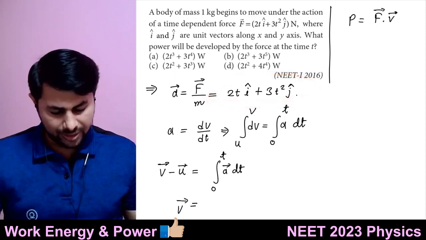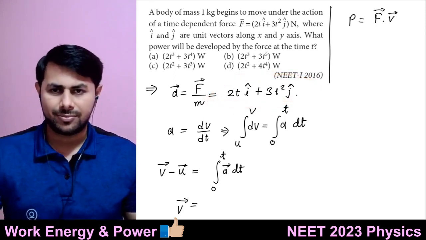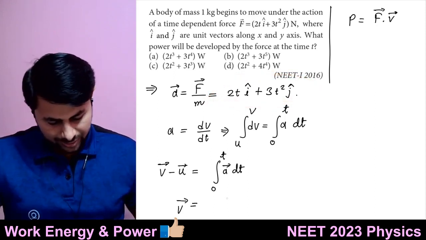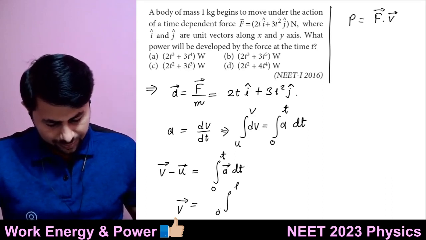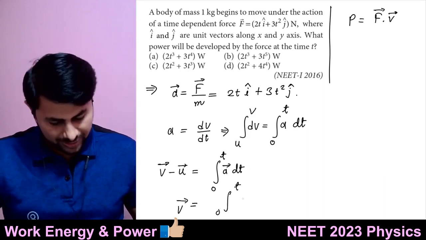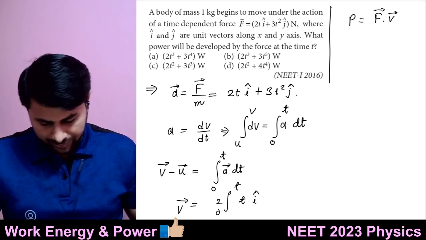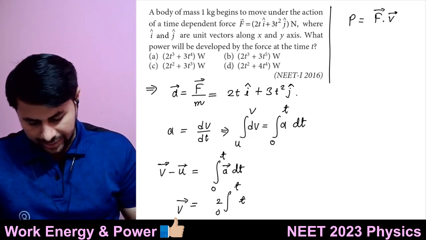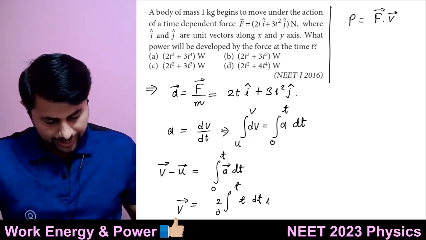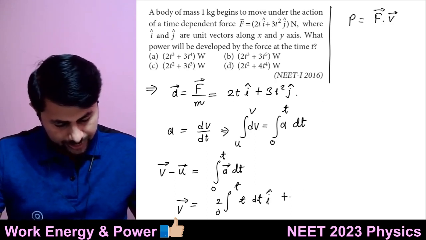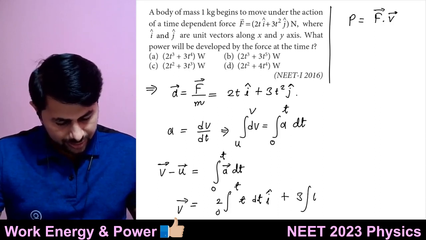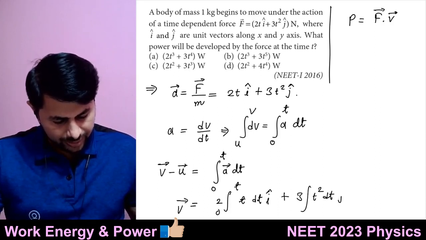You have found a bar: 2t i cap plus 3t square j cap. So do the integral. The integral would be simple, right? So 2 times t dt into i cap plus 3 times t square dt into j cap.